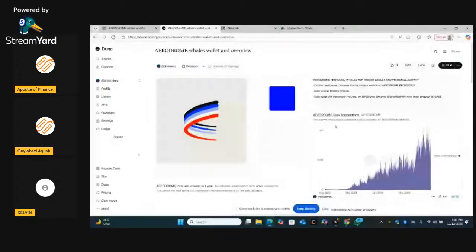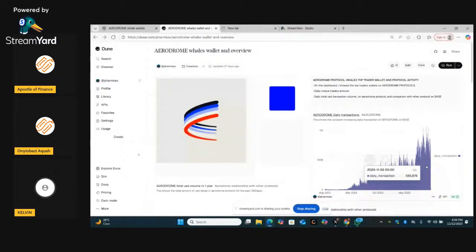So this chart shows us the daily transactions on the Aerodrome protocol, and it gives us an idea of the progressive activity going on in this protocol.